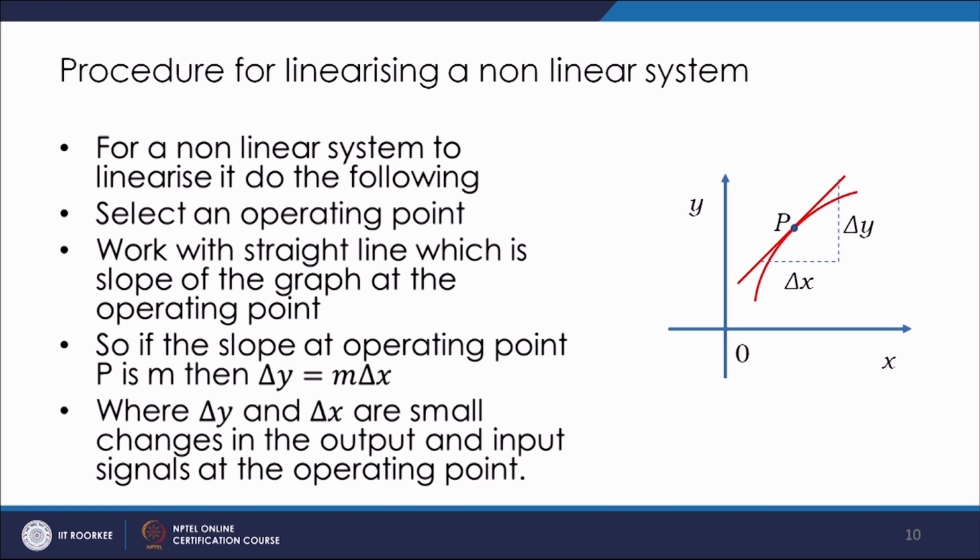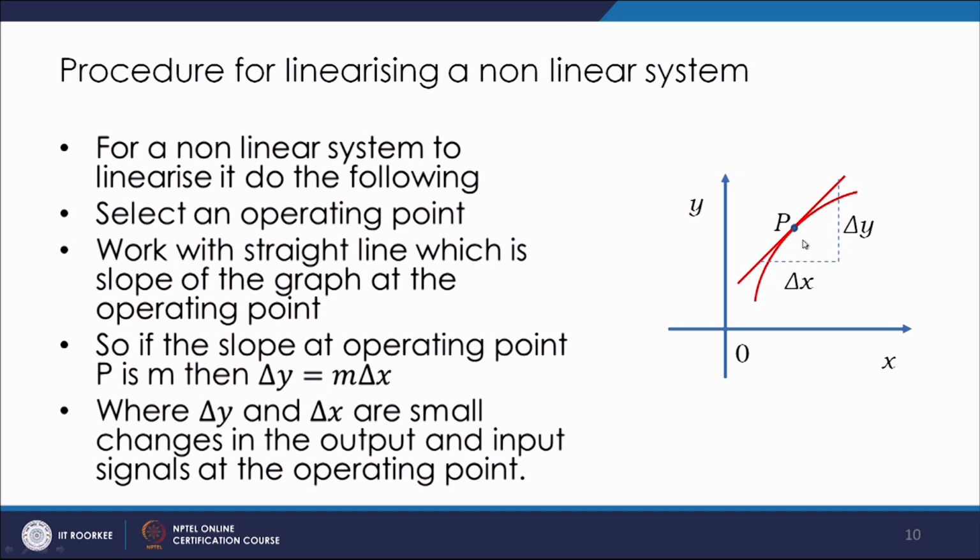To linearize it, we select an operating point. Say here I am selecting P as the operating point, and then work with a straight line which is the slope of the graph at that operating point.